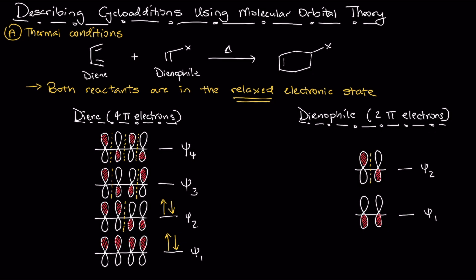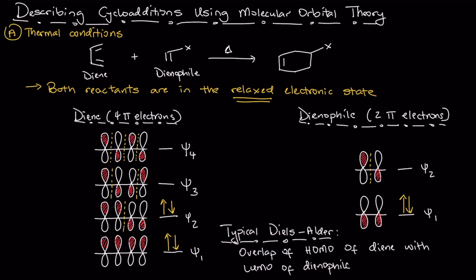Now, if you fill up the pi molecular orbitals with the two pi electrons, we should end up at psi 1. So the two electrons should end up pairing in psi 1. Okay, so in our typical Diels-Alder reaction, we think about it as an overlap of the highest occupied molecular orbital of the diene, the place where you have a lot of electron density, which is your HOMO, with the lowest unoccupied molecular orbital of the dienophile.